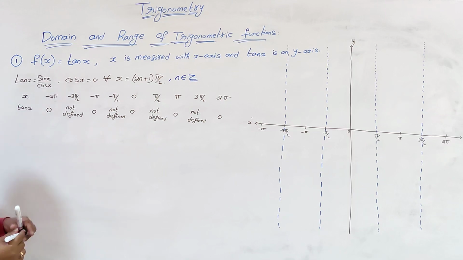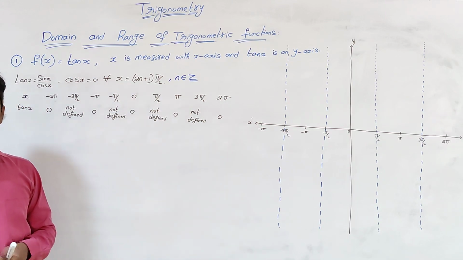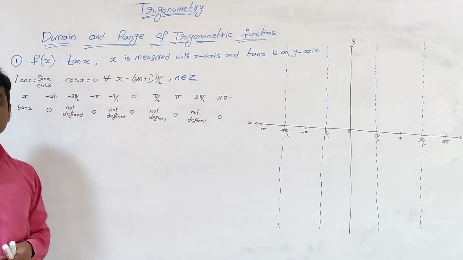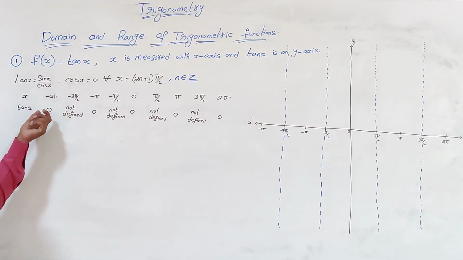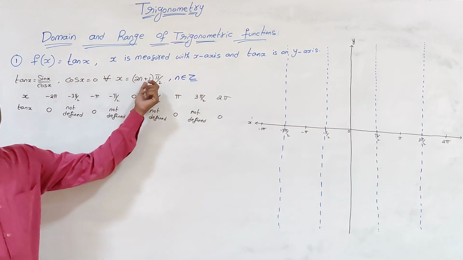Now if we take some random values, one set of values in the anti-clockwise direction and a set of values from the clockwise direction. Tan of minus 2 pi is 0, tan of minus 3 pi by 2 is not defined, as minus 3 pi by 2 is an odd multiple of pi by 2.